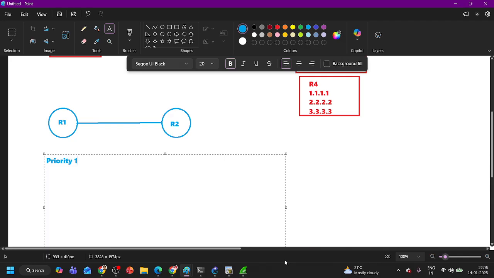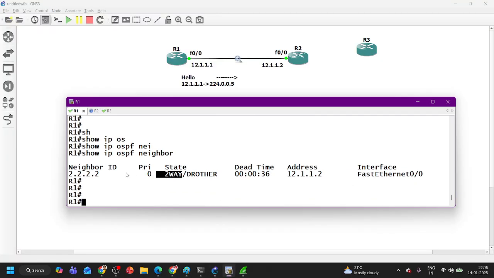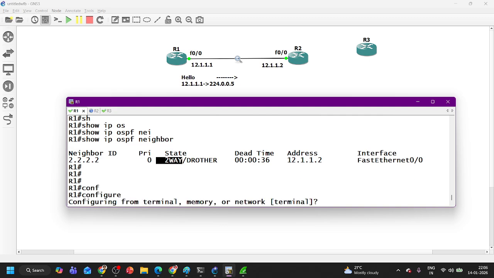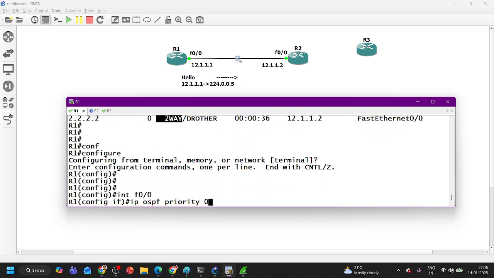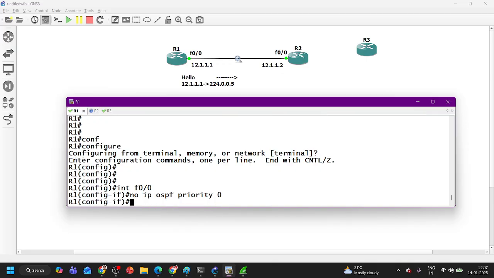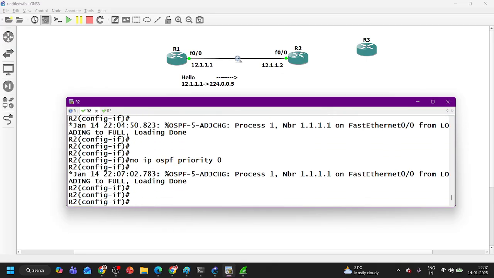The router with higher priority will become the DR router. See, on router number 1 and router number 2, I am going to remove the command priority 0. Say no to this, and on router number 1 also I am saying no to this. Now tell me which router will become DR.